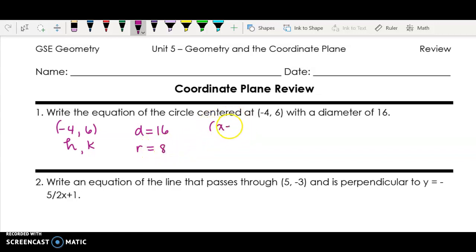So we'll use x minus h squared plus y minus k squared equals r squared, and substitute h, k, and r into the equation. This gives us x plus 4 squared plus y minus 6 squared equals 64. Again, this sign changed because I substituted a -4, minus negative becomes plus, and then I squared the 8 to get 64.